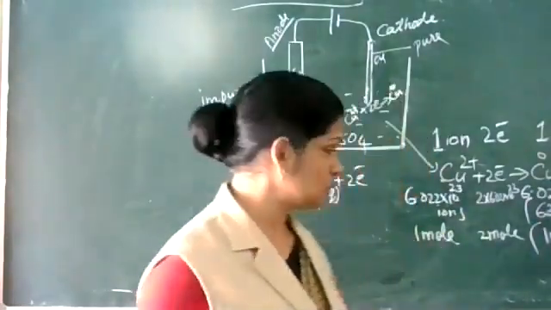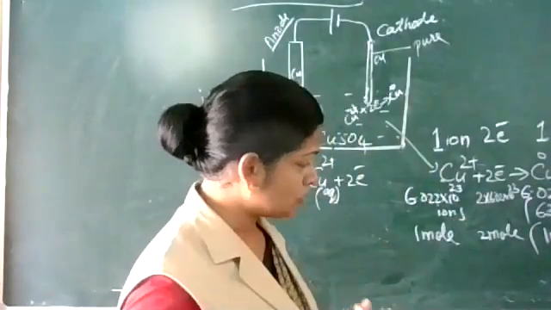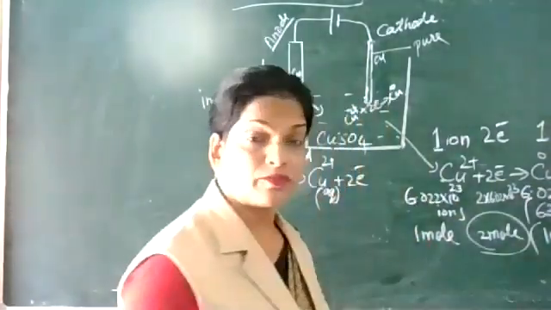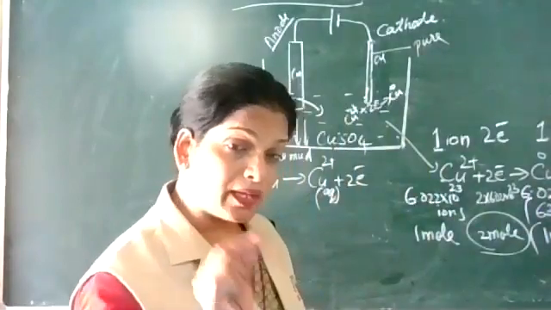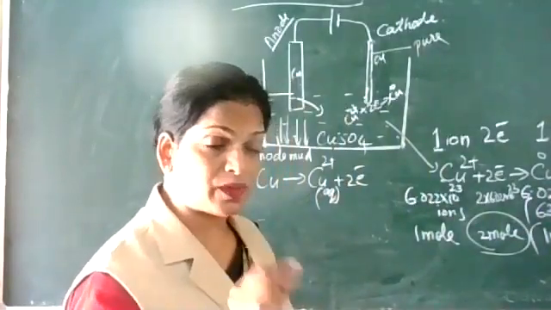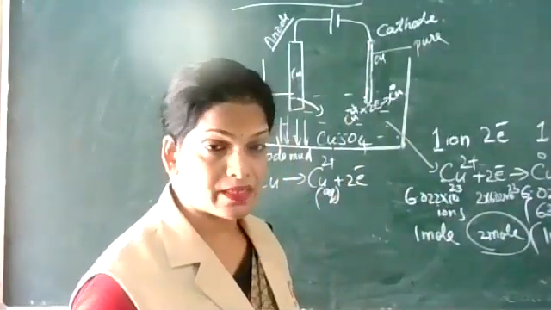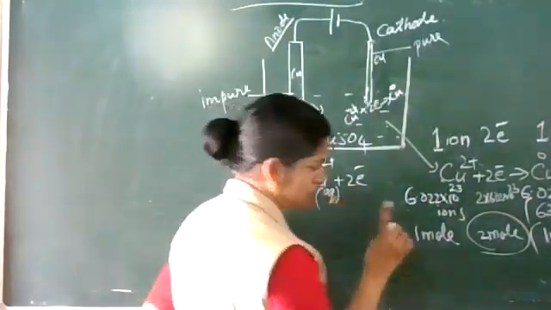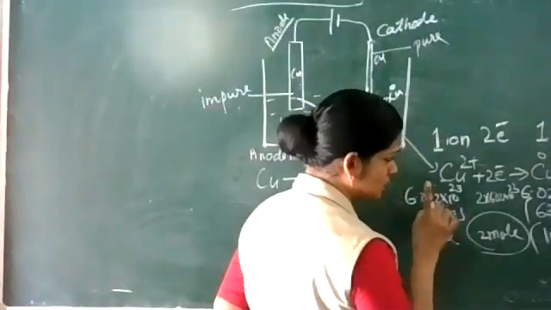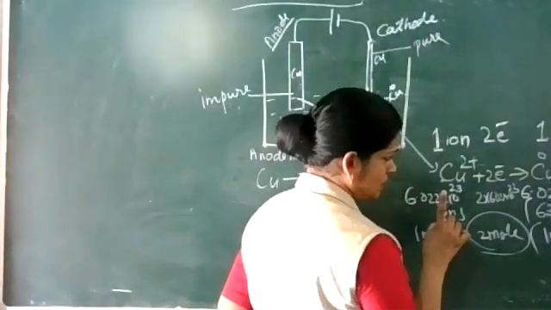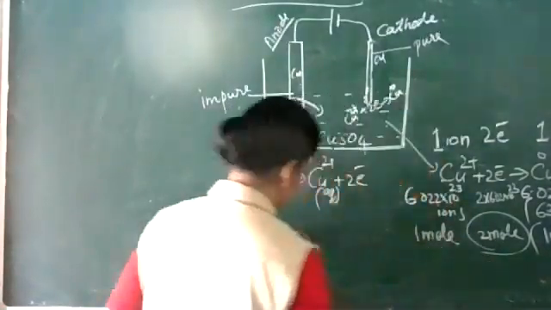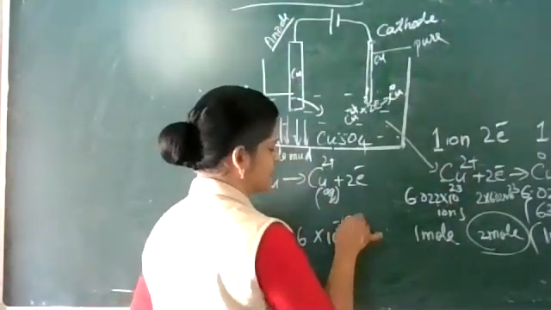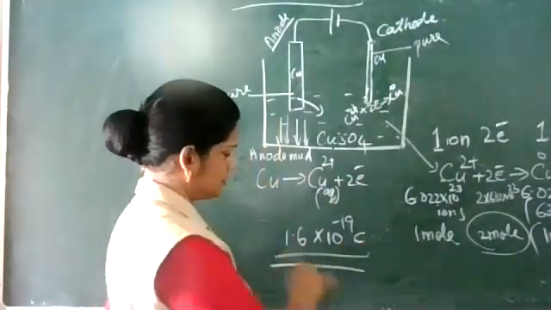Coming to those electrons, we are going to convert these 2 moles in terms of electricity. 1 electron's charge is 1.6 into 10 to the power minus 19 coulombs.